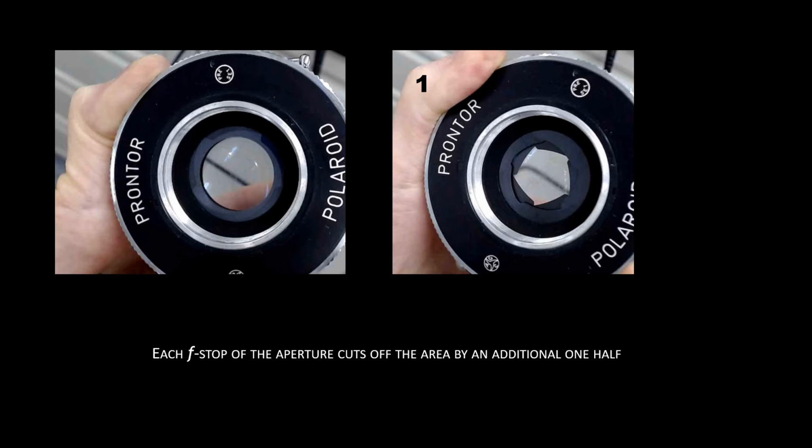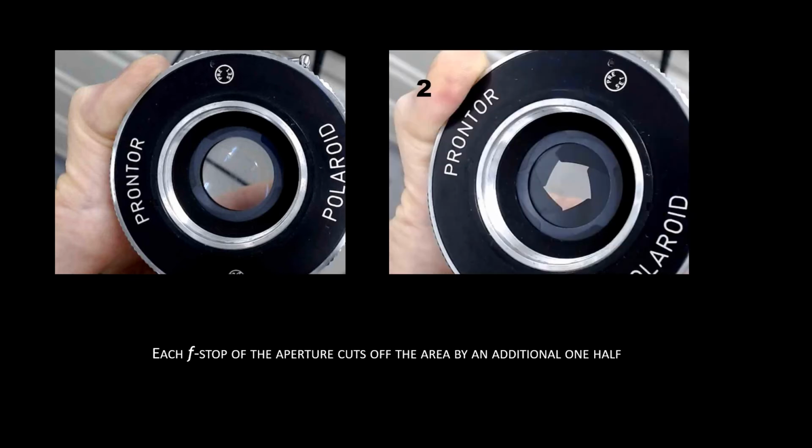In the right-hand image labeled 1, I have the aperture closed to the first position, so this is a starting point in closing the diaphragm and controlling the amount of light that passes through the lens. If I move to the second stop, you'll see that the diaphragm is closed in such a way that 1/2 of the original area available is now gone.